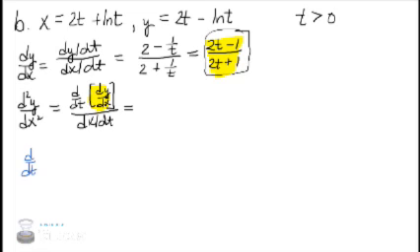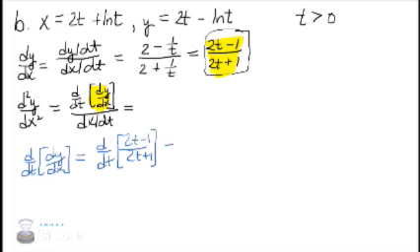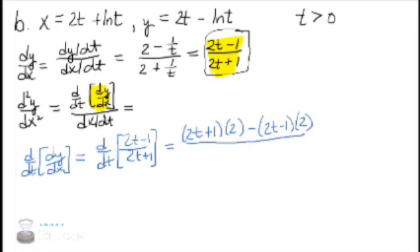So d/dt of dy/dx equals d/dt of (2t minus 1) over (2t plus 1). We're going to do the bottom function 2t plus 1 times the derivative of the top, which is 2, minus the top 2t minus 1 times the derivative of the bottom, which is 2, over (2t plus 1) squared.